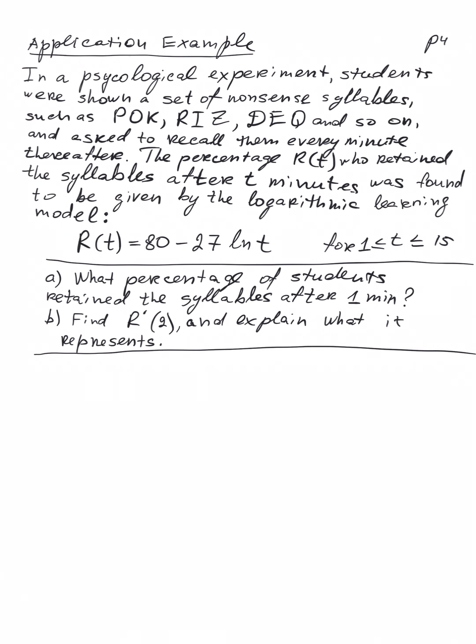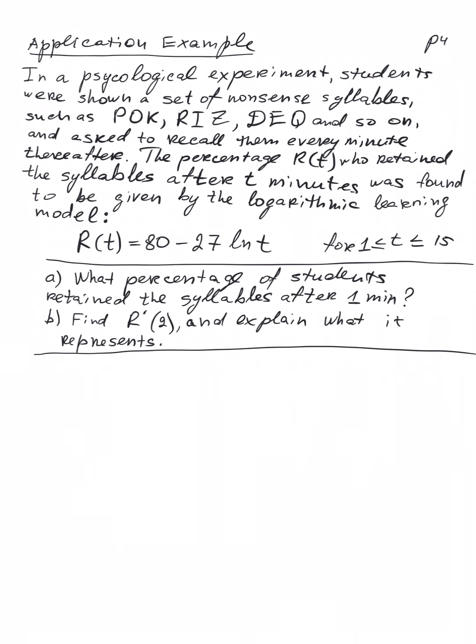And now let's take a look at the application of everything we learned in this section. So let's take a look at the word problem. In a psychological experiment, students were shown a set of nonsense syllables, such as POK, RIZ, DEQ, and so on, and asked to recall them every minute thereafter.